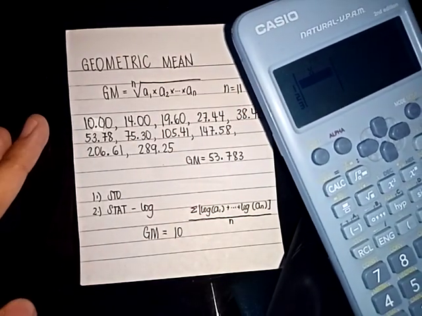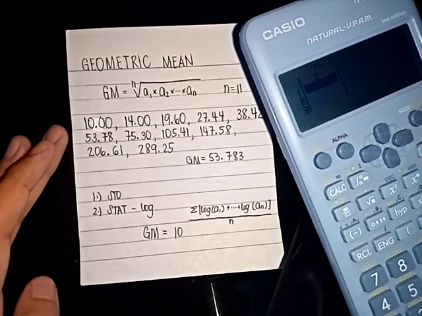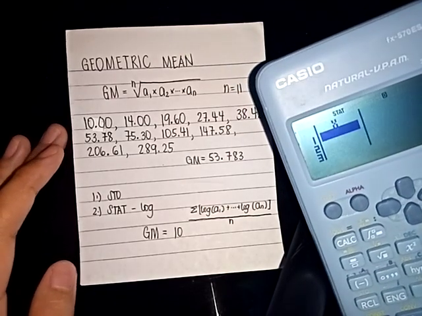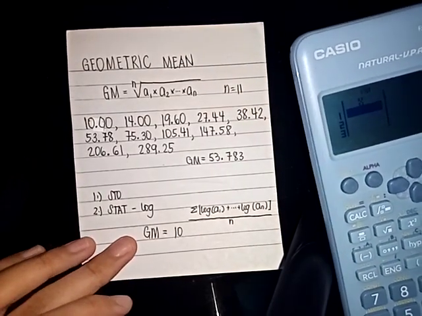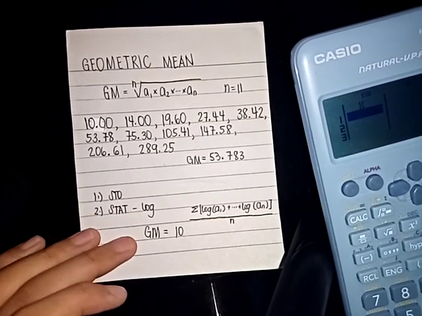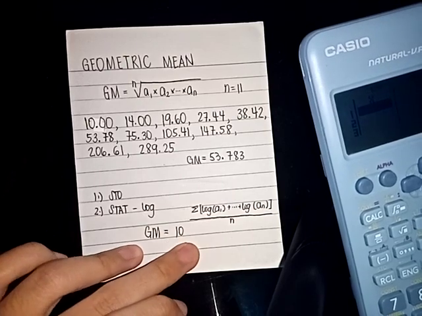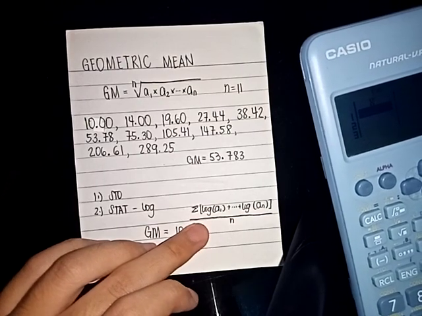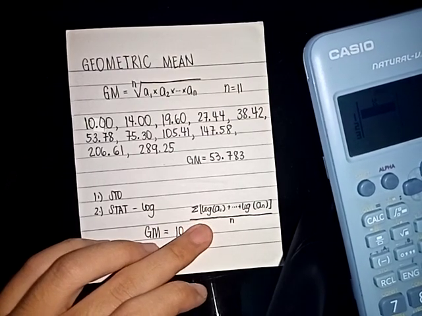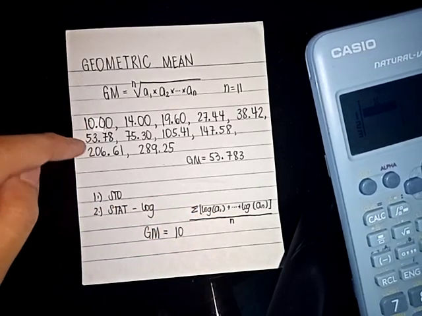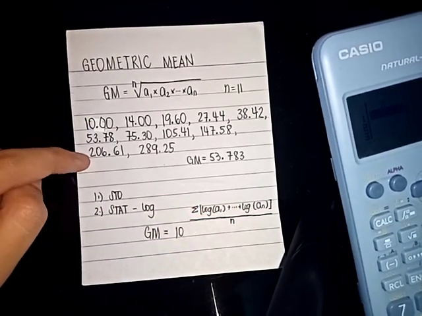Now, we're going to get the logarithm of each term. Because the principle behind this stat log is that the geometric mean is the anti-logarithm of the arithmetic mean of the logarithm of the terms in the geometric progression.